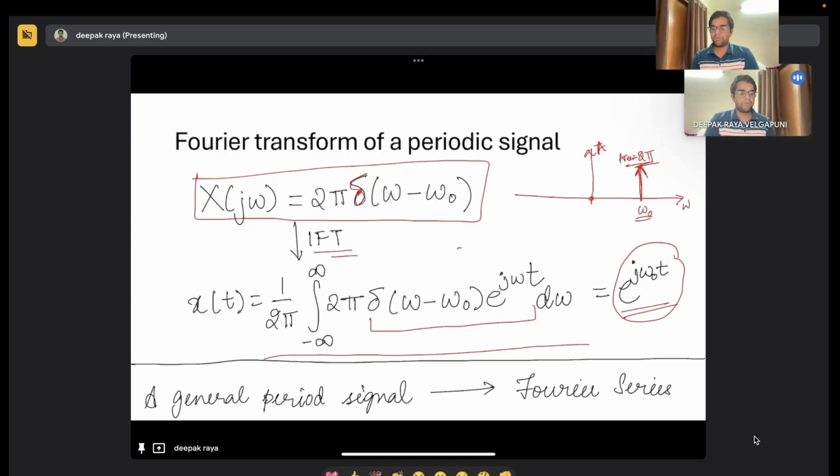So now if you take sine, sine is nothing but e power j omega naught t plus e power minus j omega naught t. So if you do this, you get this. So you get an impulse at minus omega naught. Actually, sine will be a negative of this, divided by 2. This is the sine function.